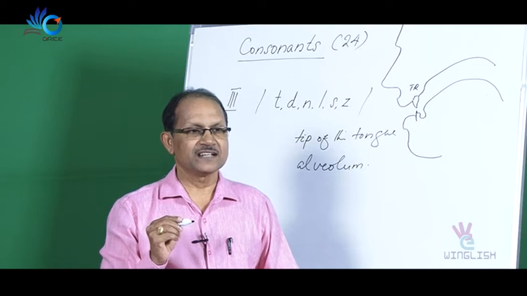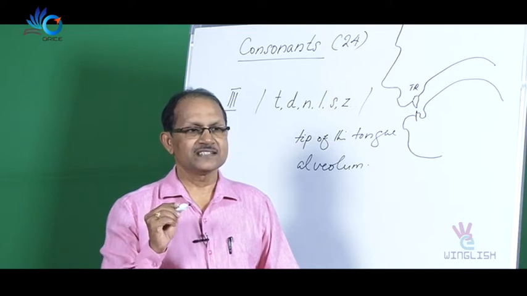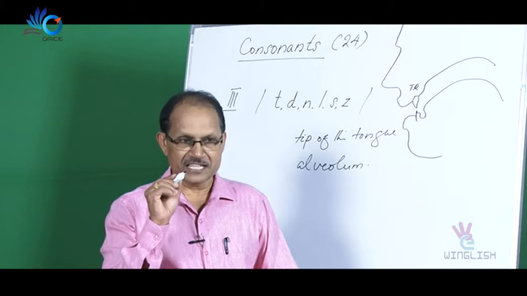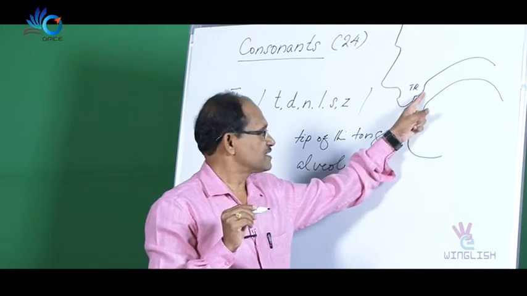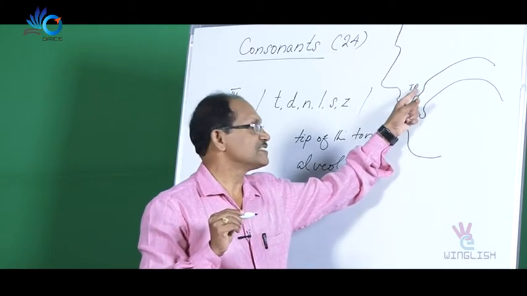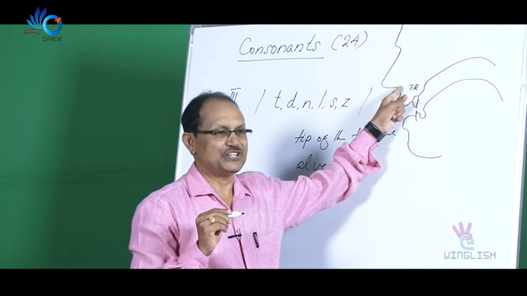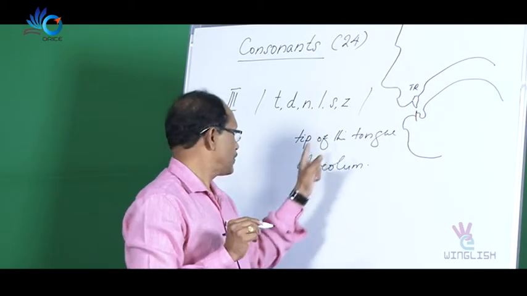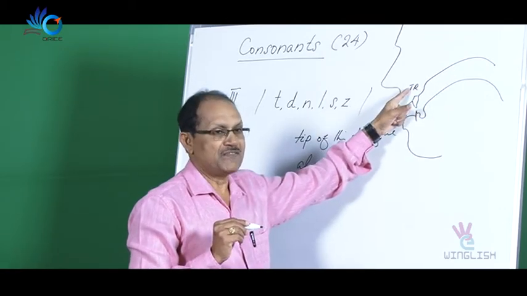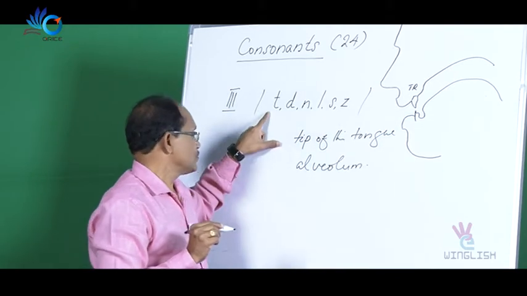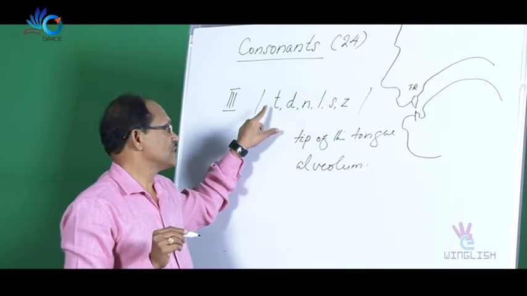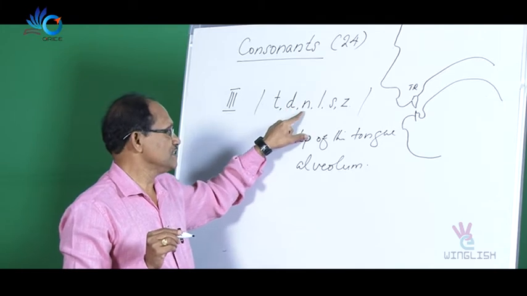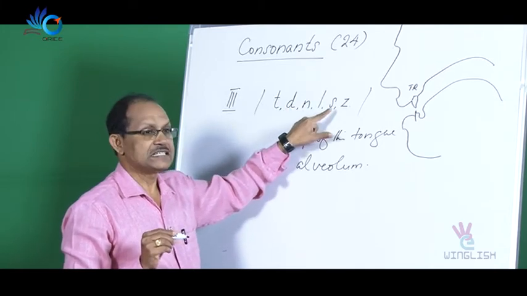Say t, t, t. The tip will touch this part. This part is the teeth ridge, or alveolum. So, articulate these sounds: t, d, n, l, s, z.